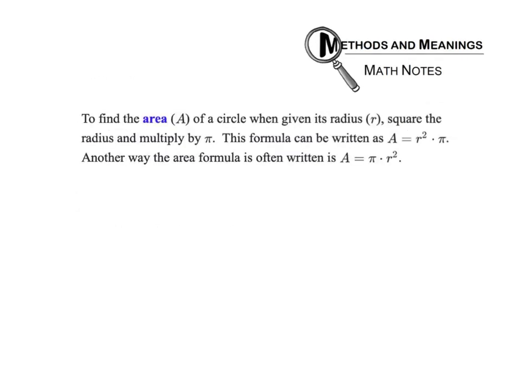And to find the area of a circle, we take the radius and square it, or in other words, the radius times the radius, and then multiply it by pi. Another way you will see it written is area equals pi times radius squared.